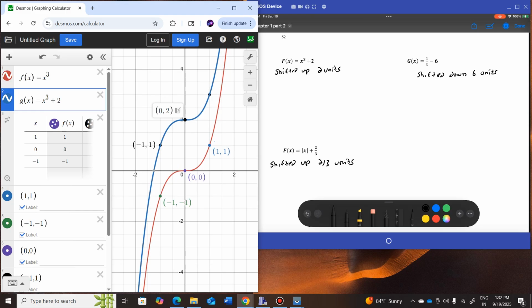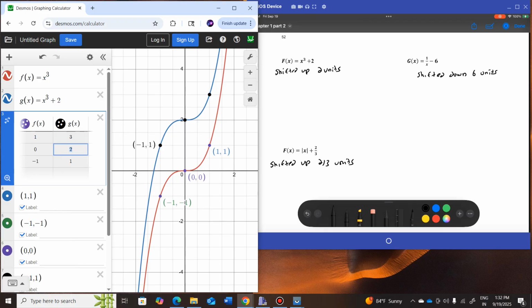And this point goes from -1 up 2 units. -1, 1. Threw me off, that point was the original point. And then 1, 1 goes to, well, 1, 3, I'll just say it. Right. And so we can see with these, 1, 3, 0, 2, -1, 1.